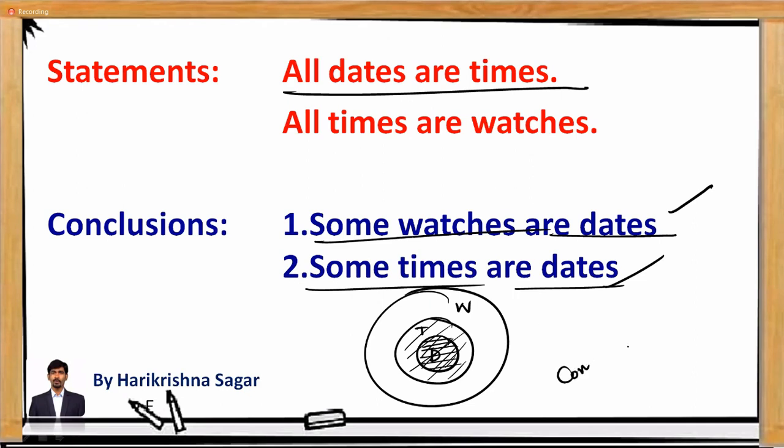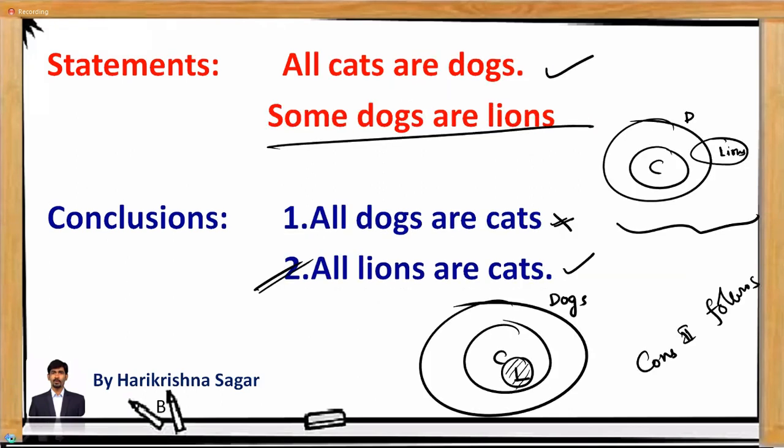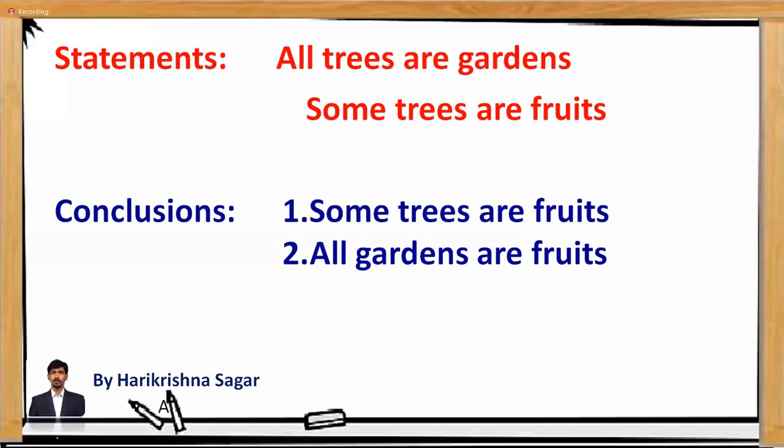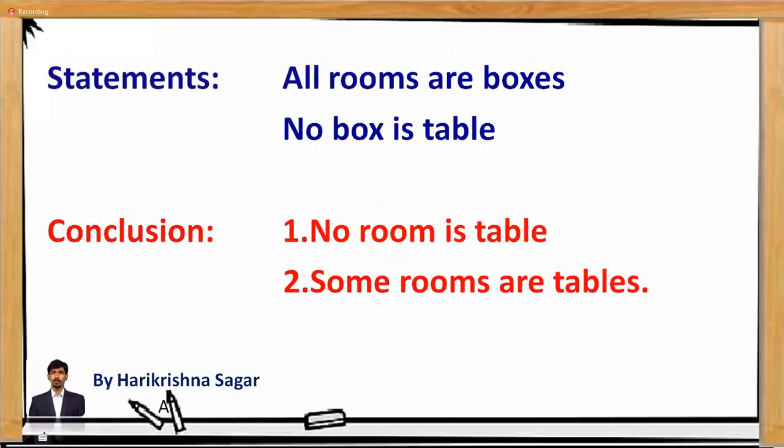So we can say conclusion 1 and conclusion 2 follow. You can mark the answer choice as 1 and 2 follow. So 1 and 2 follow means what is the option choice which you are going to select? As per the given options, if 1 and 2 follow, you can go for the answer choice as option E.